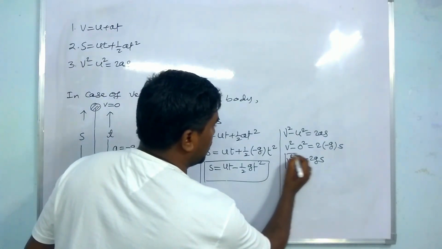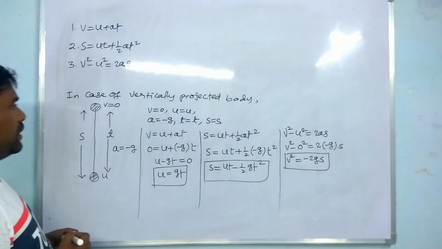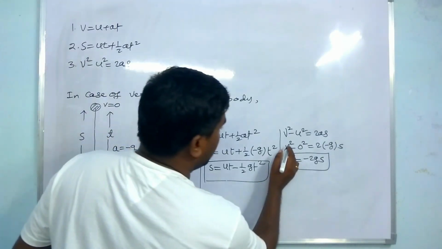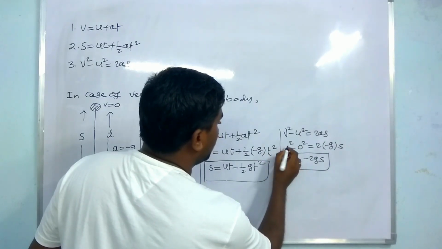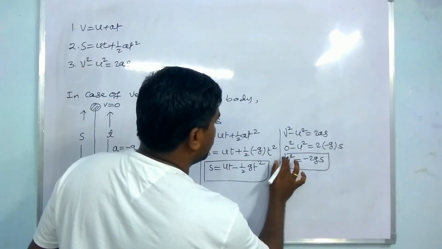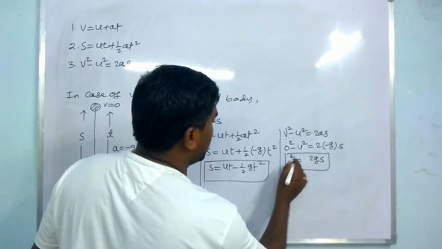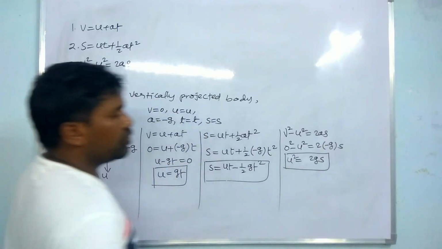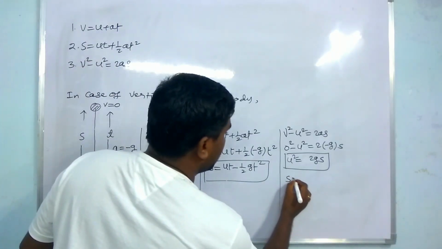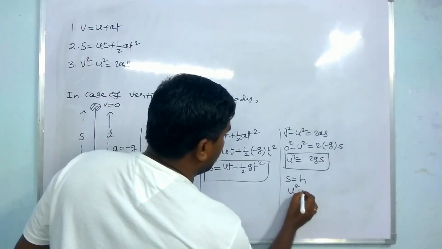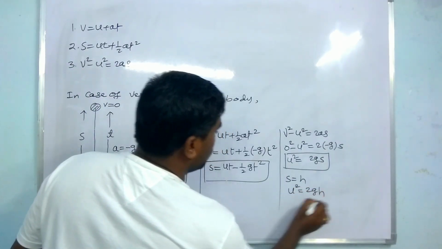So these are the three equations in case of vertical motion. Here 0 square minus u square is equal to minus 2gs, and the minus signs are cancelled out. It can be written as u square is equal to 2gs. If s is equal to h, then u square is equal to 2gh.